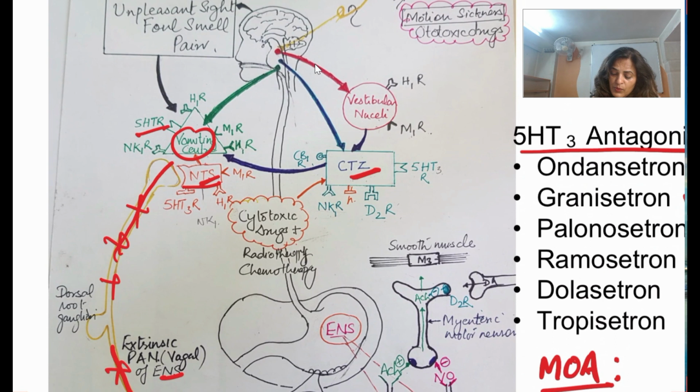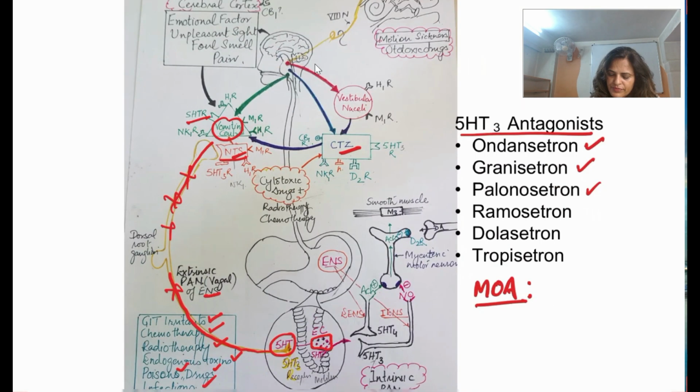Now where are we going to use this group of drugs? They are mainly used for chemotherapy induced nausea and vomiting and radiation induced nausea and vomiting.